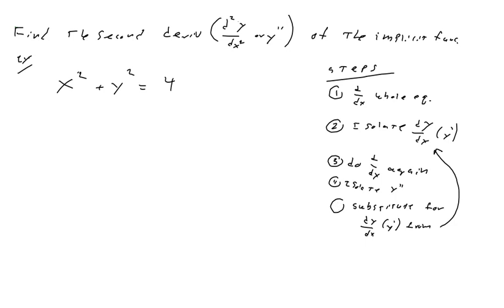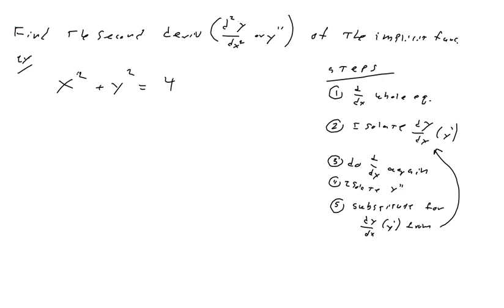I guess it doesn't really matter the order, but we'll do it this way. The point is in the second derivative, you're going to see dy dx come back again. And then you need to substitute: take the equation you got from number 2 and plug it into the second derivative equation. I'll show you what that looks like in this problem.